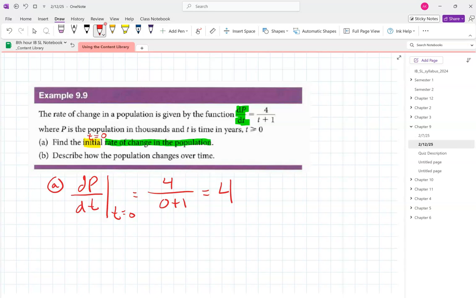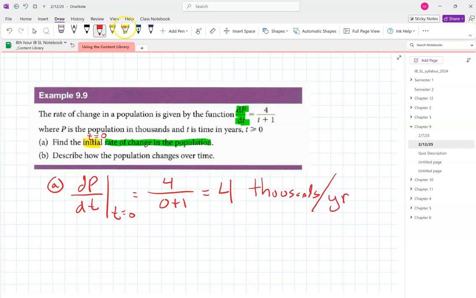Now, this function is in regard to a real-life situation, so it needs a unit. What should the unit for this problem be? Thousands per year.